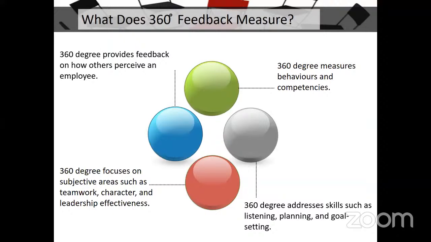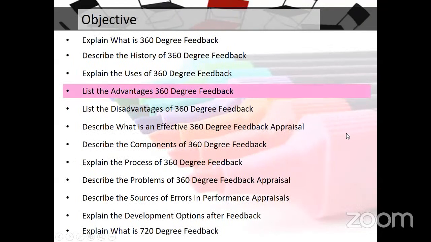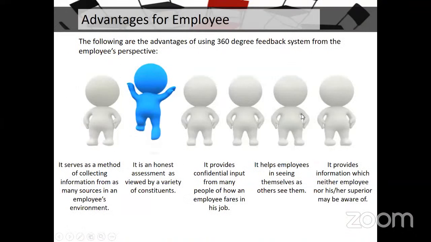And like I said, this is more of a summary of what we had already talked about: the 360 degrees, having people evaluate you like a circle and addressing all the issues that revolve around the performance of an employee. So what are the advantages and disadvantages of this feedback program? One, it serves as a method of collecting information from many sources in an employee's environment.